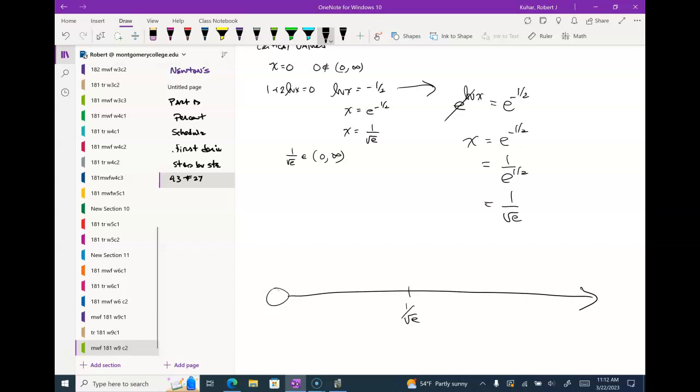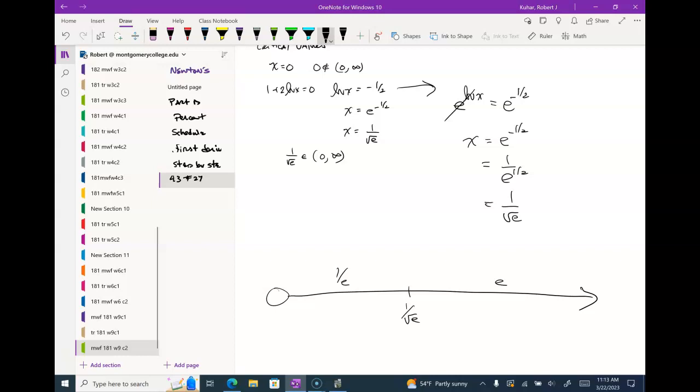So 1 divided by square root of e is 0.6. So I can check 1 over e, and I can check e.